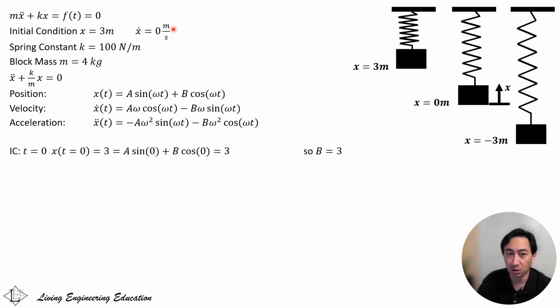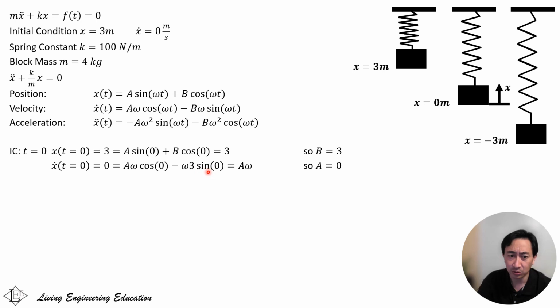So we have a second initial condition. This is the initial condition of the velocity term. So you can plug in the values for this equation here. At t equals 0, omega t would be 0. So cosine 0 times A omega minus B omega. Well, B is 3, so I could plug in 3 omega times sine 0.